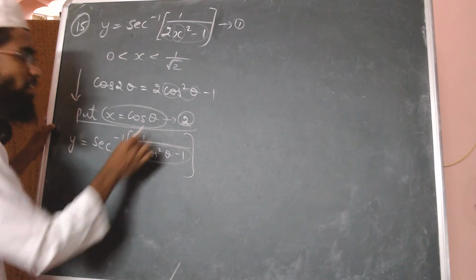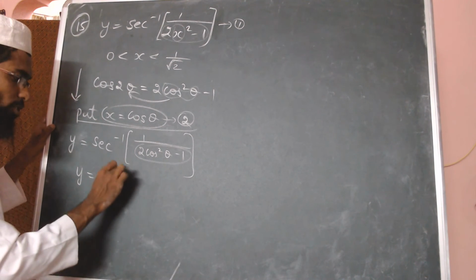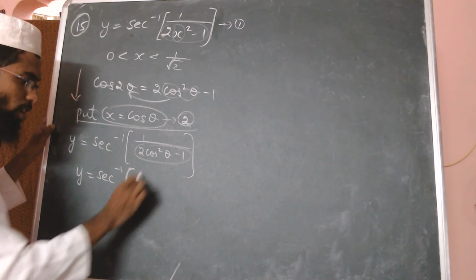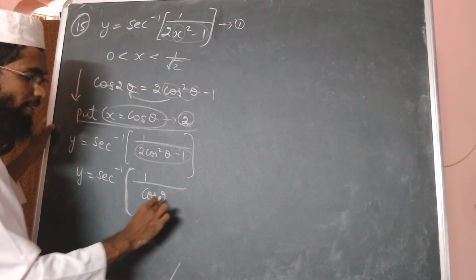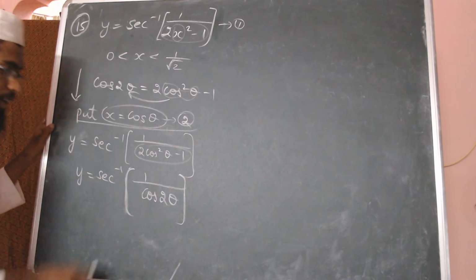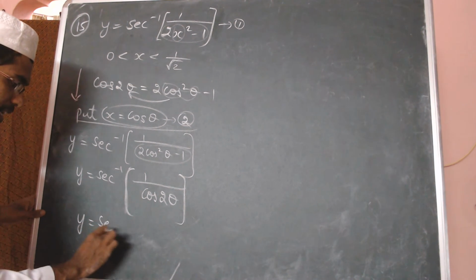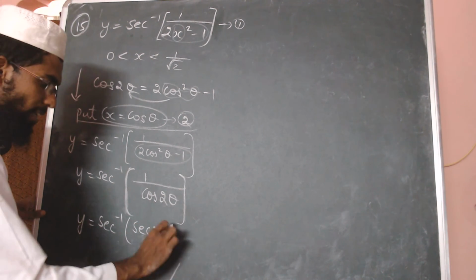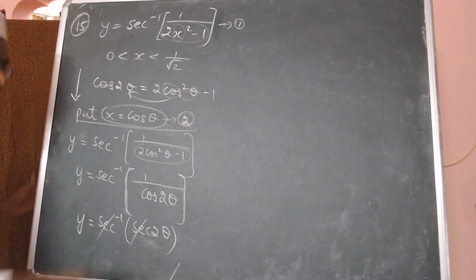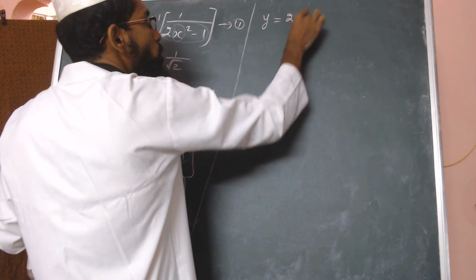We know that 2 cos square theta minus 1 is nothing but cos 2 theta. So y equal to secant inverse of 1 by cos 2 theta. Now 1 by cos is nothing but secant. So this is nothing but secant 2 theta, secant inverse secant cancel. I can write it as y equal to 2 theta.